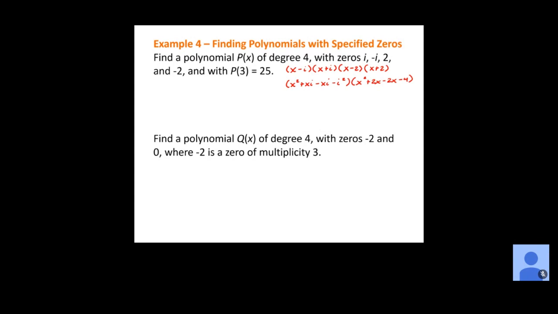Now, to simplify this, what would we do next? Okay, good. We can cancel out like terms, because we have xi and negative xi. So I know these terms are going to cancel. And the other one, I have a positive 2x and a negative 2x, so I can cancel those out. What else can we do?